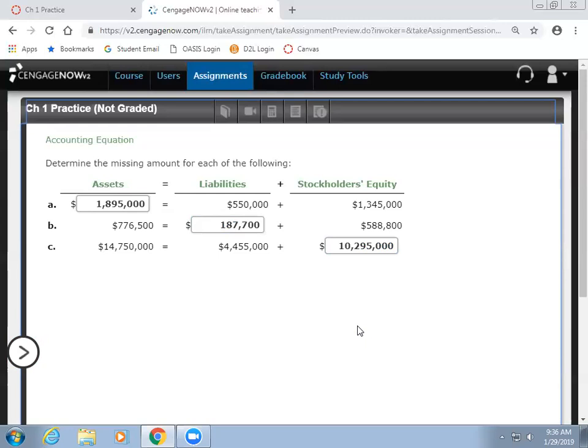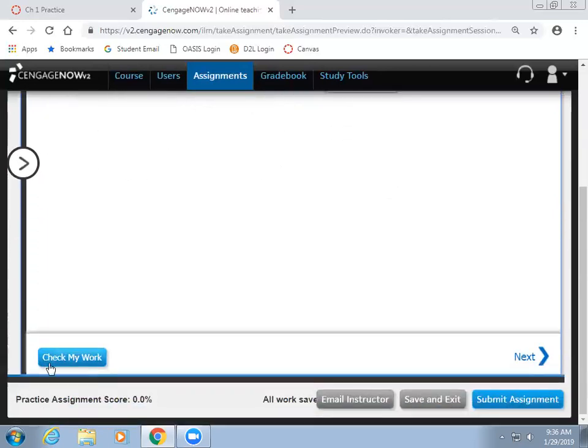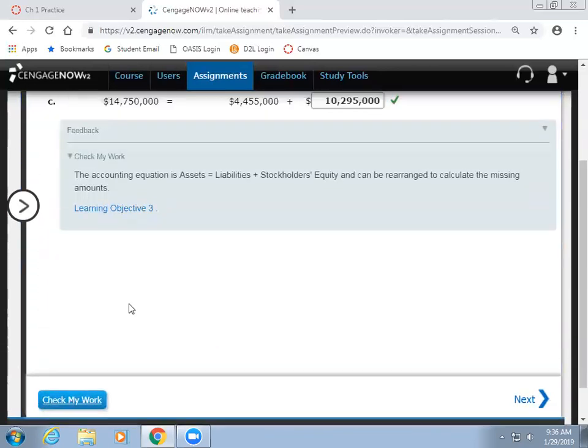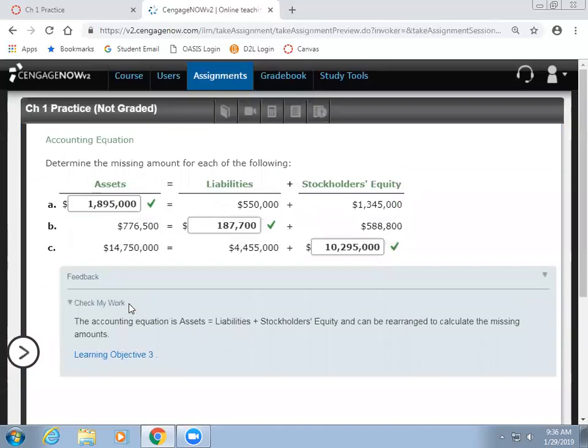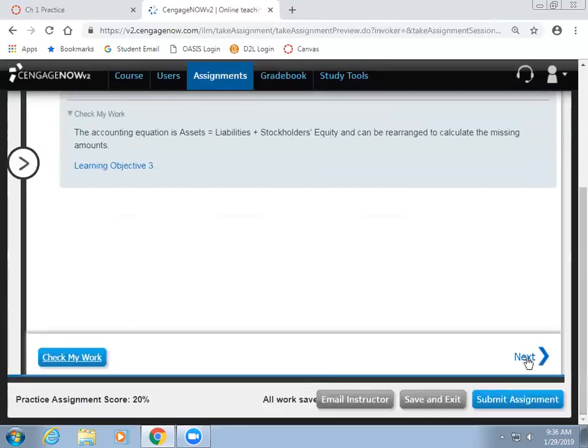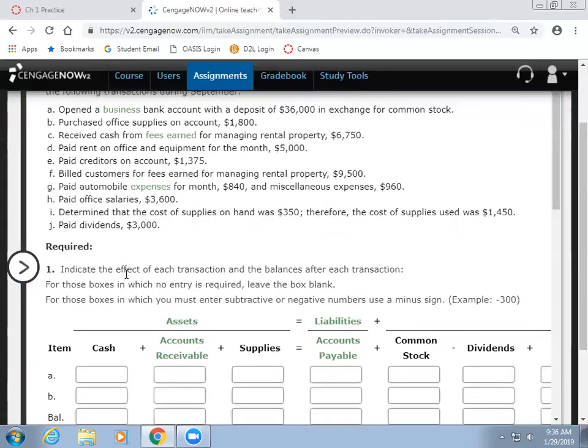It's showing you how you can keep the accounting equation in balance, how you can solve for one if you know the other two. So that one's pretty easy, just going over that basic accounting equation. Once you've done that, you can always click Check My Work at the bottom, and it'll tell you if you have any errors. And then I can click Next to move to the second one.